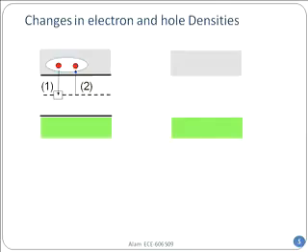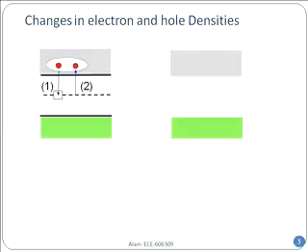Now let's think about it. First, we want to look at the number of electrons, so we're focusing on the conduction band on the top. We want to see how many come out and how many go in. The only state that the conduction band exchanges electrons and holes with is the trap.